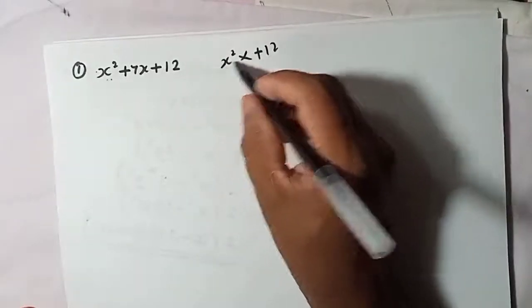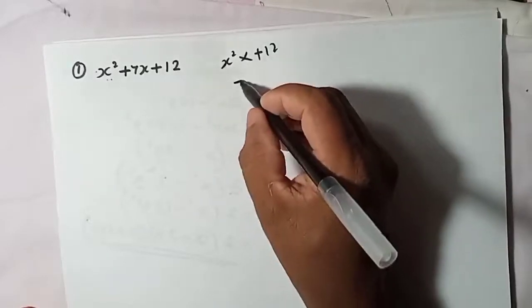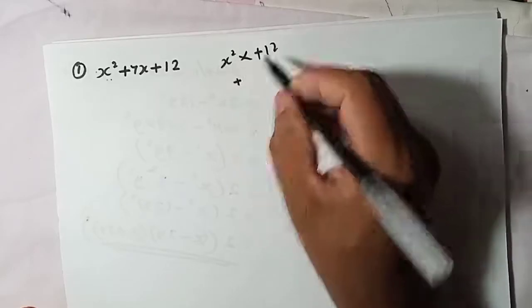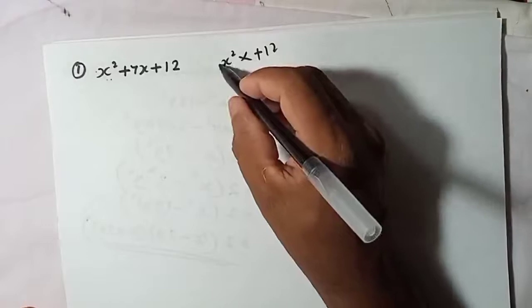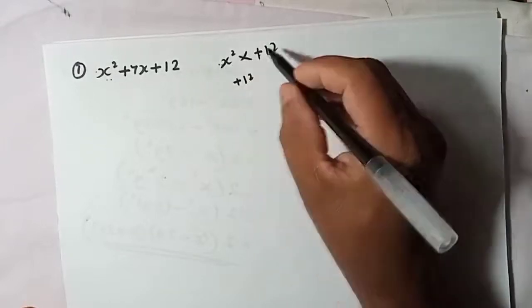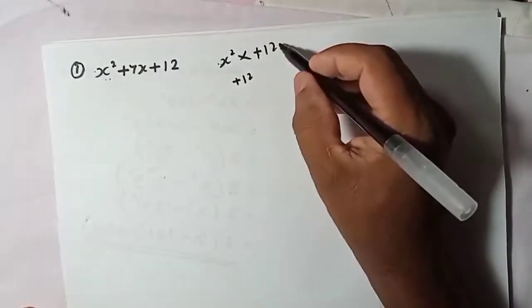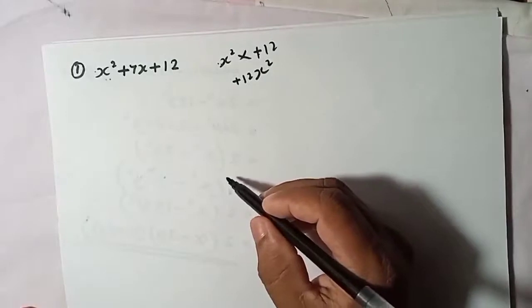Plus into plus, if you have the same sign, it will be plus. Here the number we multiply with the number, sign with sign. Here the number is 1, 1 into 12, 12. Here there's no letter for the 12, so it stays x square. That's the way we multiply.